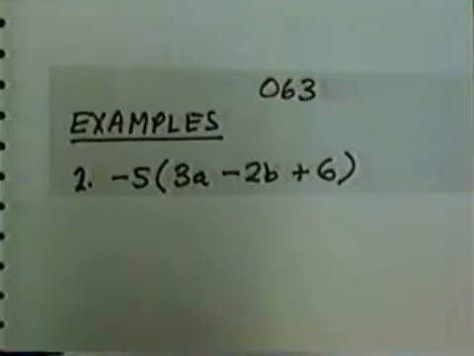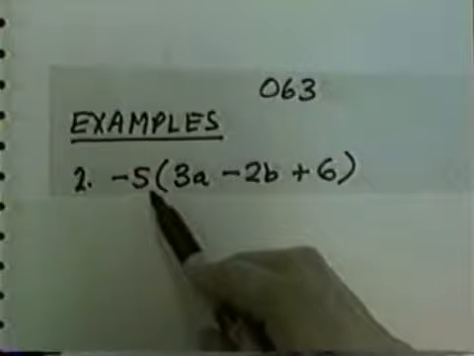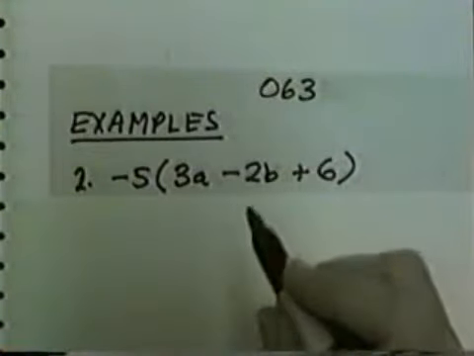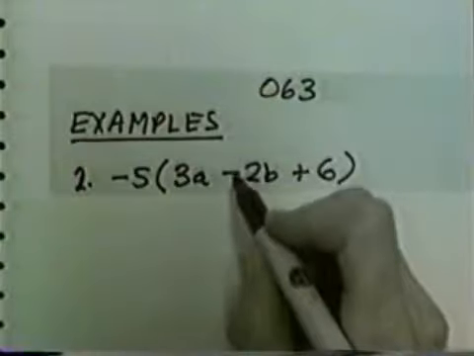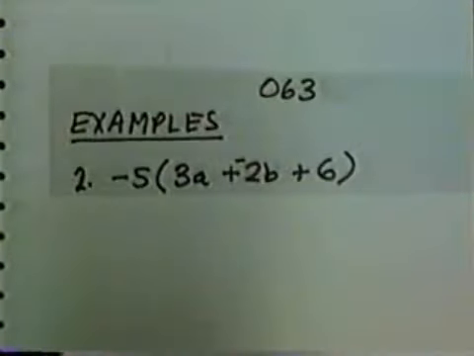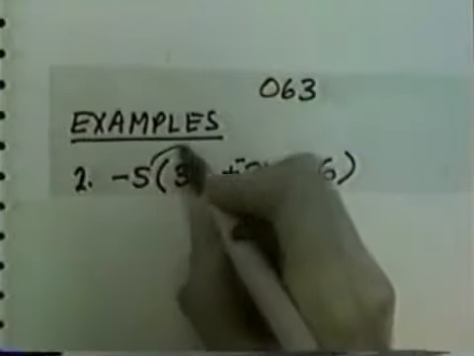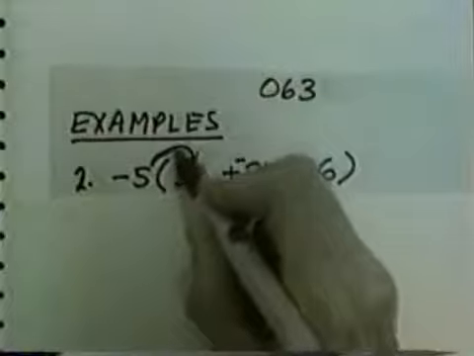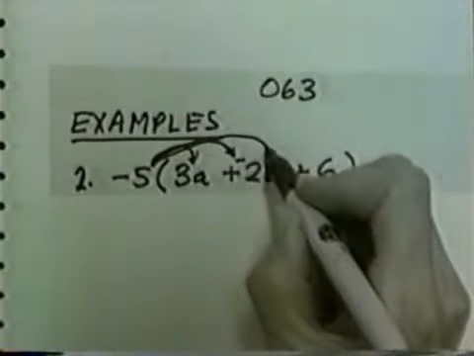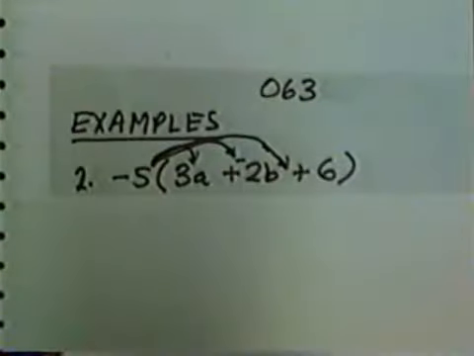The distributive property applies to a factor multiplied by terms that are added, and so to make it easier to understand, let's rewrite the subtract 2b as add -2b. Then we can multiply -5 times the 3a, -5 times the -2b, and -5 times the 6.